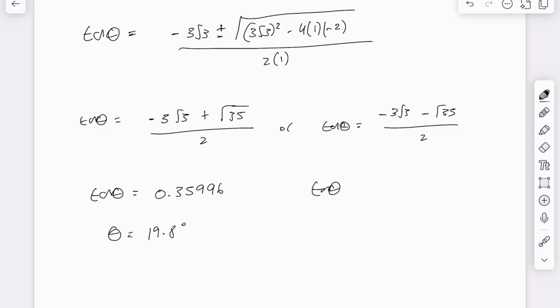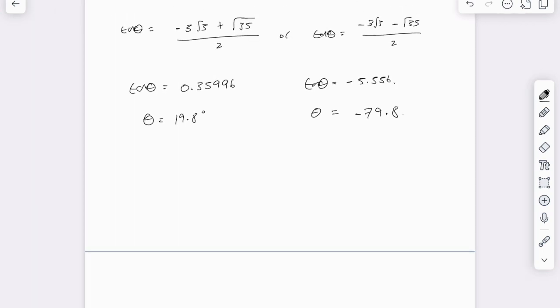Okay, or tan theta is equal to negative 556, which means that theta is equal to, bear with me, let me just calculate it. Okay, it's going to equal negative 79.796. So, in fact, I can just round that up. Negative 79.8, right?